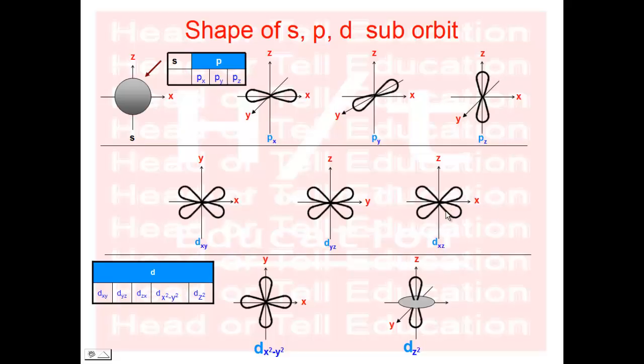Now dx square minus y square also has dumbbells at 90 degrees to each other. Now dz square. So the D subshell has five types of shapes.